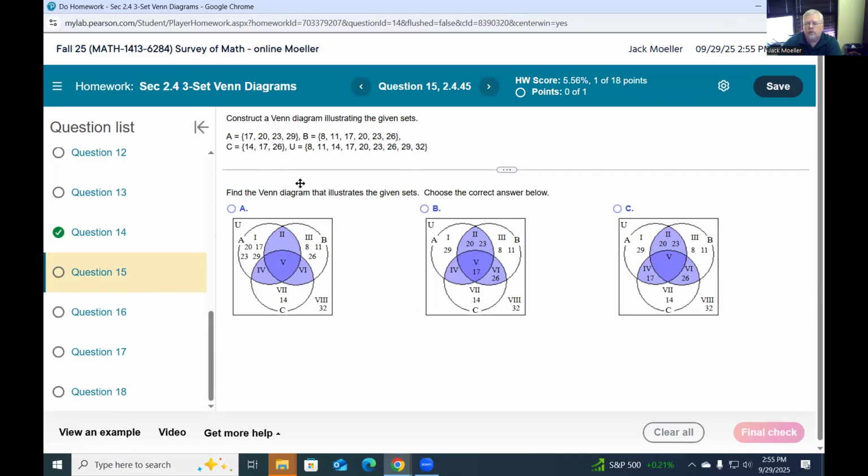So where is 17? 17 is in A. 17 is in B. 17 is in C. So this is, to me, a very poorly worded multiple choice. Since 17 is in all three, it has to be in the middle, and 17B is the only one that has 17 in all three. Like I said, that's a poorly worded multiple choice problem, but I figured it out just by starting with the inside.